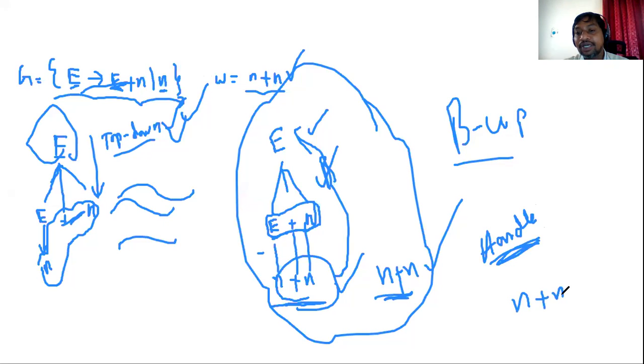Instead of reducing the leftmost n first, let me reduce the rightmost n. If I reduce this to E, then what happens? This string will become n plus E. This n plus E does not match with any of the right hand side production rules of the grammar. That means there is no chance of reducing this to E. This will fail, right?